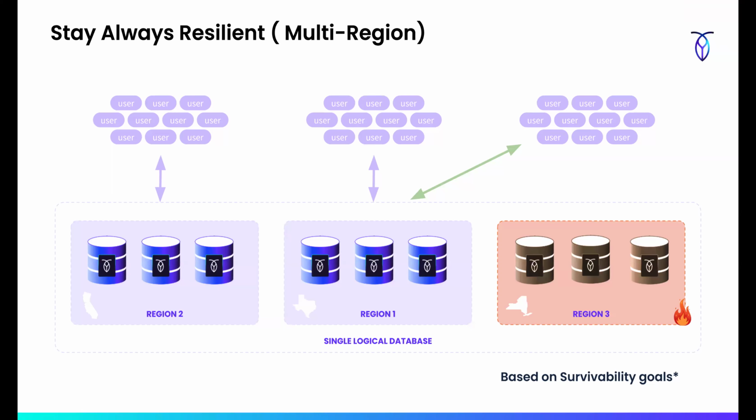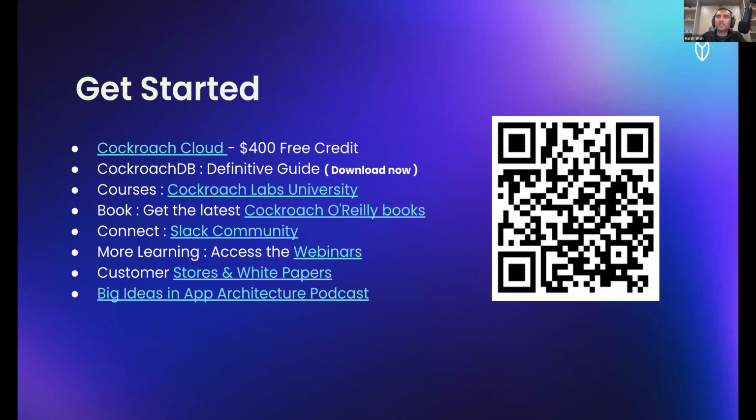It is possible in some cases to get hotspots within one range, even though it's a fairly small size, and in that case hash-sharded indexes can help. I'm going to share this slide again. If you open this link, you can download the definitive guide, and we have material on Cockroach University that dives deeper into the architecture and shows how we design it to survive those sorts of issues.